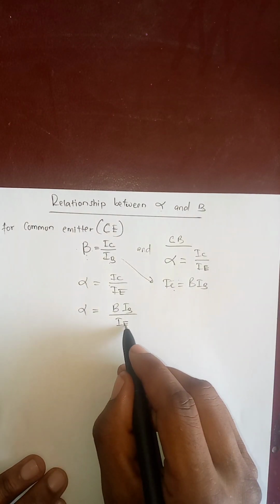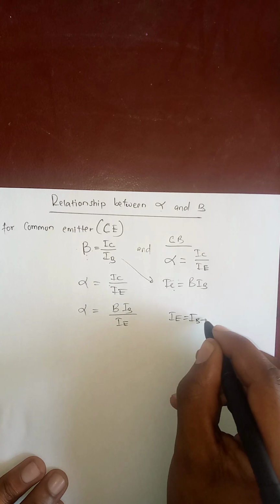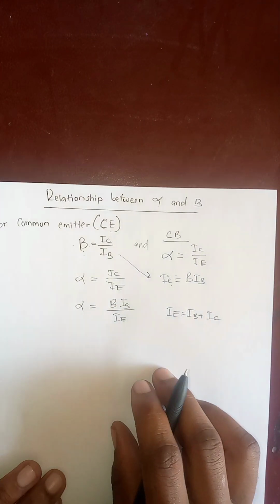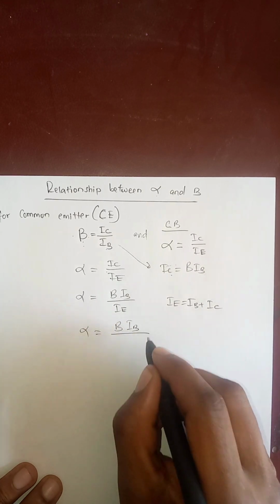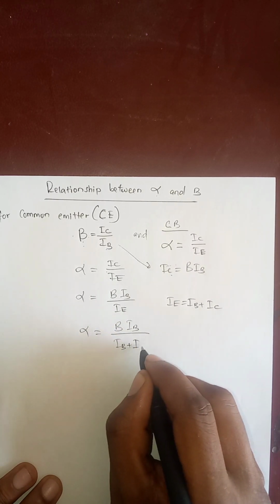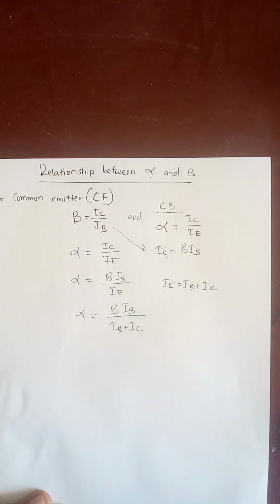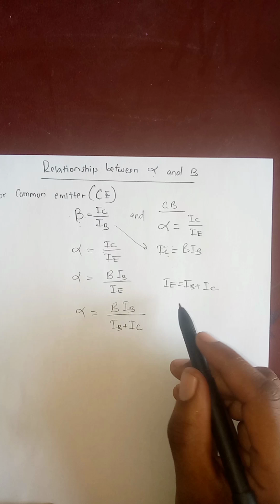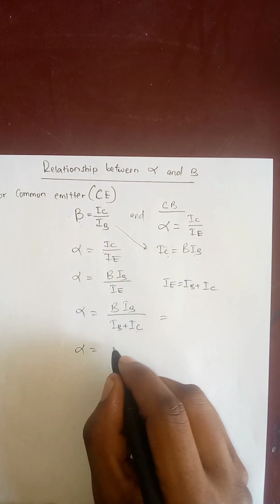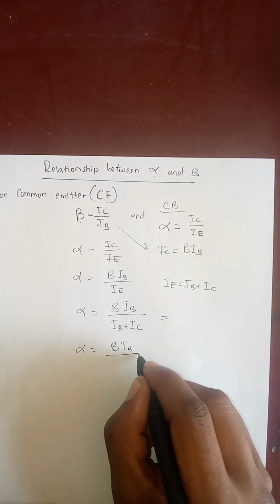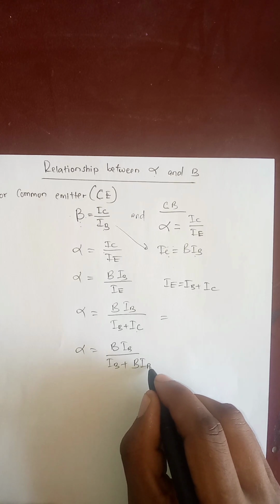But also we know IE from Kirchhoff. IE is equal to I base plus IC. Now you can substitute here. So alpha is equal to beta I base over I base plus IC. But also we know this IC is beta I base. So alpha is equal to beta I base over I base plus beta I base.